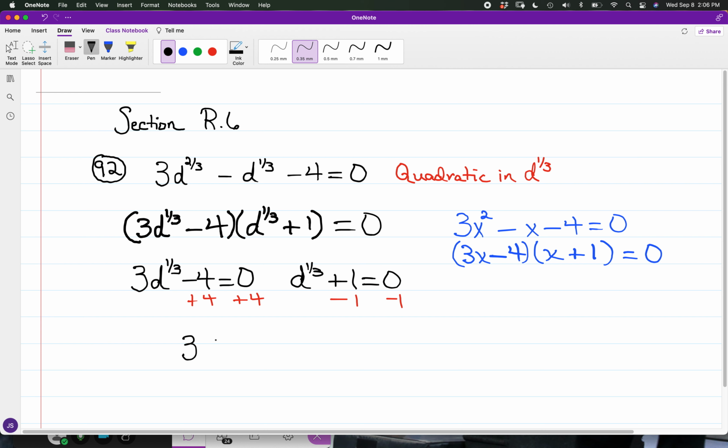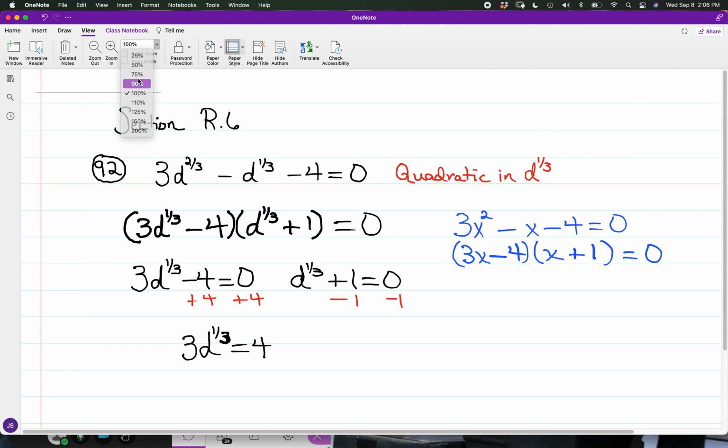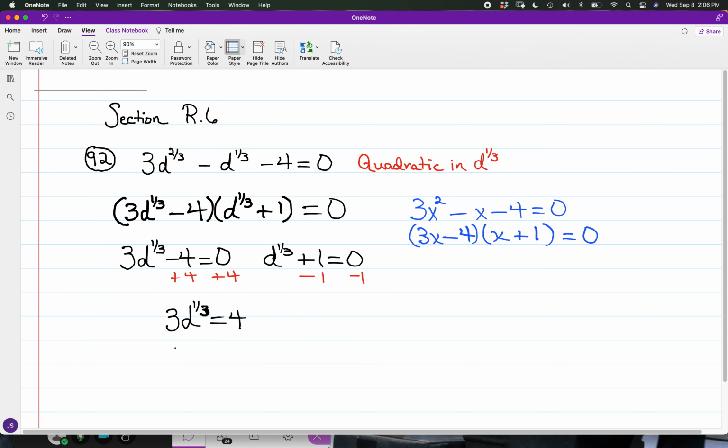So in the first setup, 3 times d to the 1/3 is equal to 4. If I go ahead and isolate d to the 1/3, just get the letter by itself, I'm going to divide by 3 on both sides.